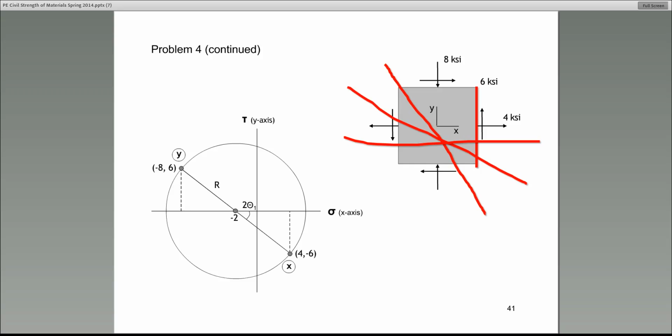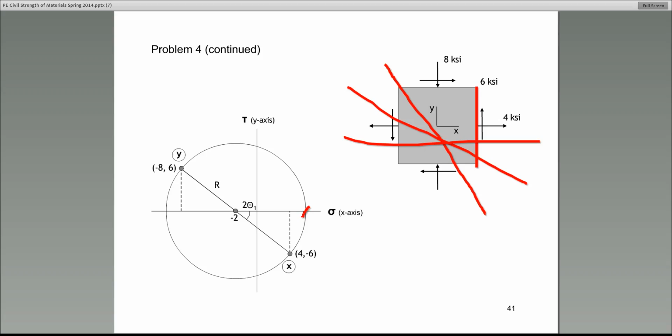Matthew says top and bottom. No, it's not top and bottom. Caleb says on the axis, crossing axis. Jeremy says, guys, okay, here is the answer. This one. You see this? Matthew, look at it.